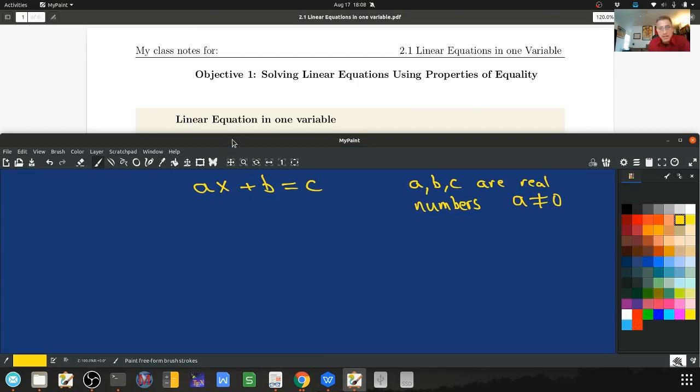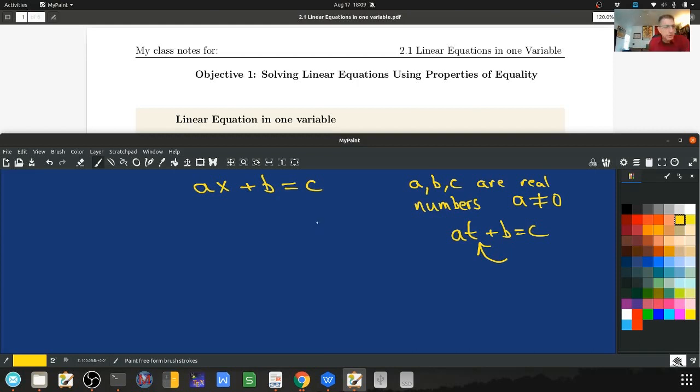And this is a linear equation in the variable x. We could also have at plus b is equal to c, and that would be a linear equation in the variable t. But for the most part, x is just a dummy variable. You could choose any letter.